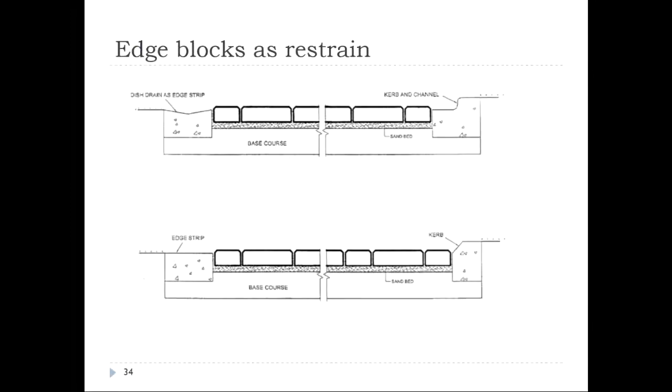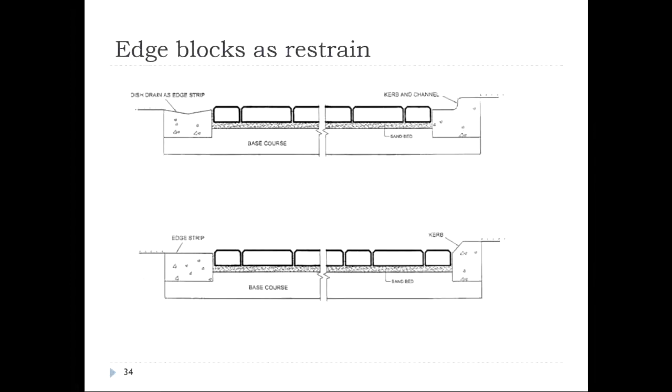Compared to that, if you place your edge strips or your curb stones initially and then do the paving operation, placing these interlocking concrete blocks, you are likely to get better confinement.